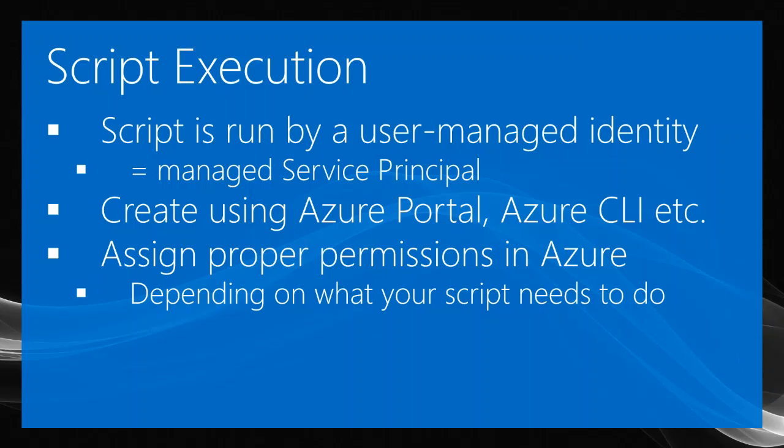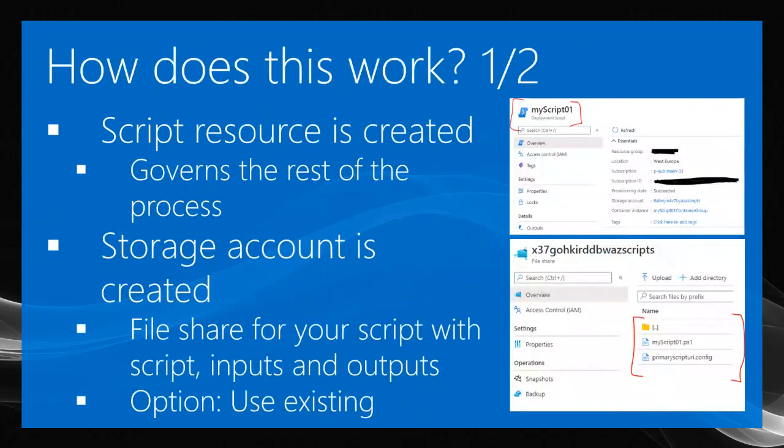All right, now, where does the script actually run? We will see it later in the demo, but if you have a deployment script in your ARM template, what will happen is you will see that a deployment script resource is deployed to your Azure platform. That's this first screenshot here.